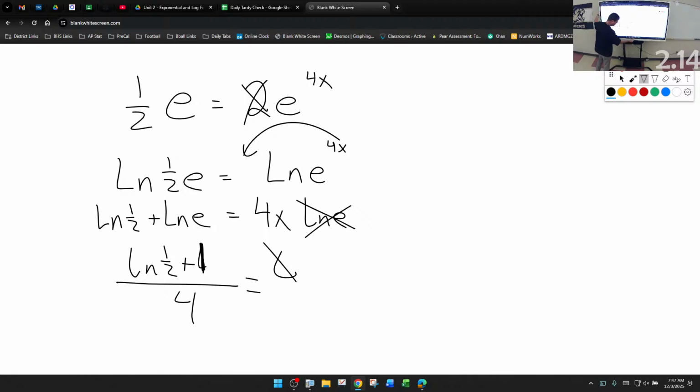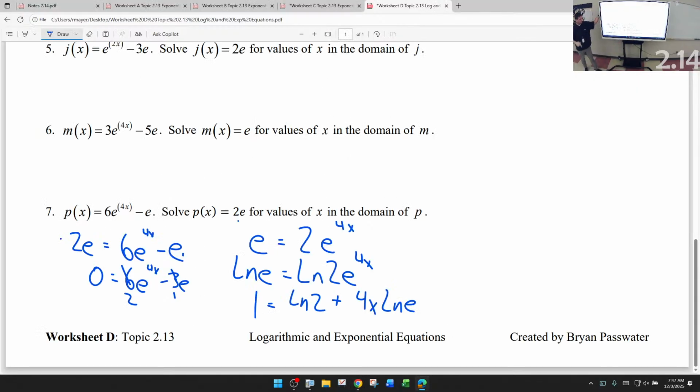I've got to go back here. Yeah, because I was getting ready to have to move the natural log of 2 over and make it 1 minus the natural log of 2. And then this is the 1, and then divide that by the 4. But this is hard to recognize. Some of you might want to put that 4x out front here.